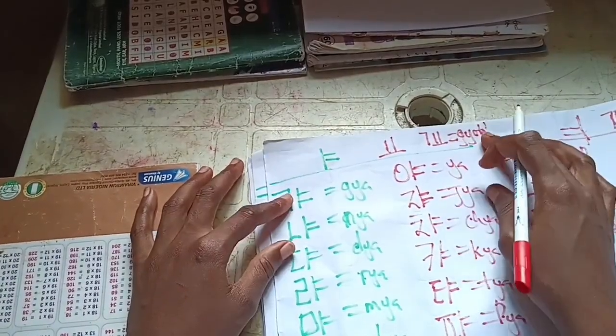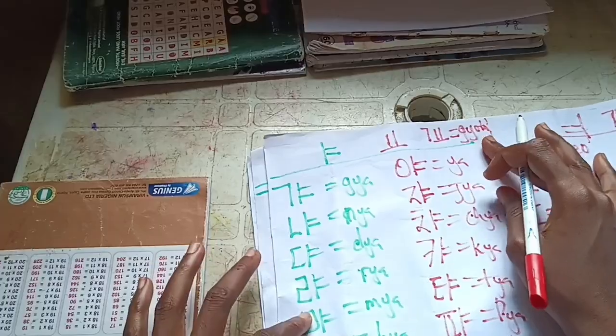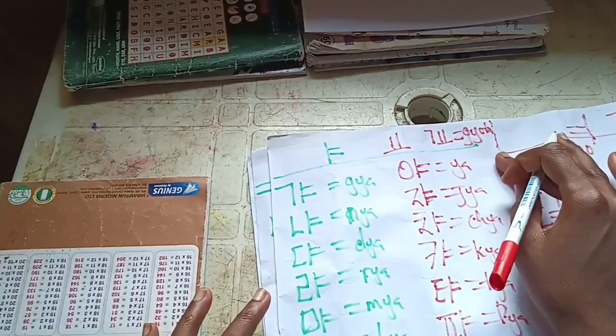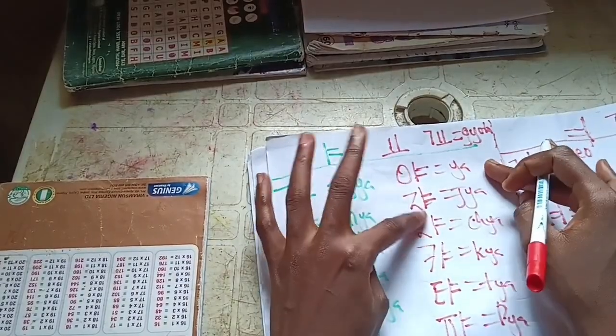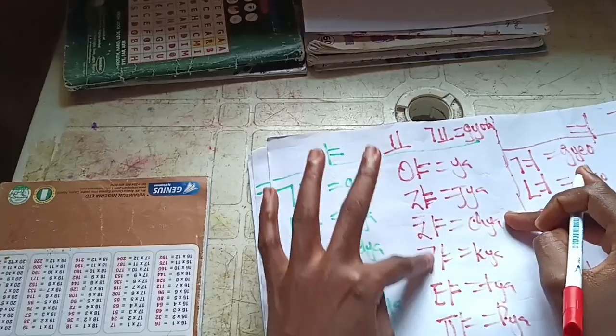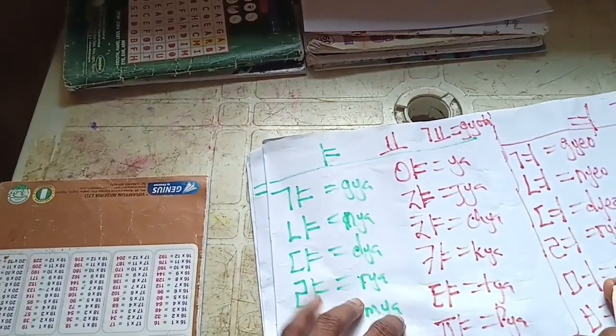So gyo, nyo, dyo, ryo, myo, byo, syo, yo, jyo, chyo, kyo, tyo, pyo, hyo.